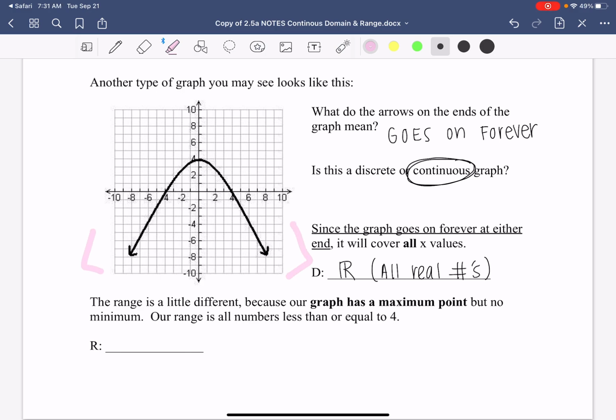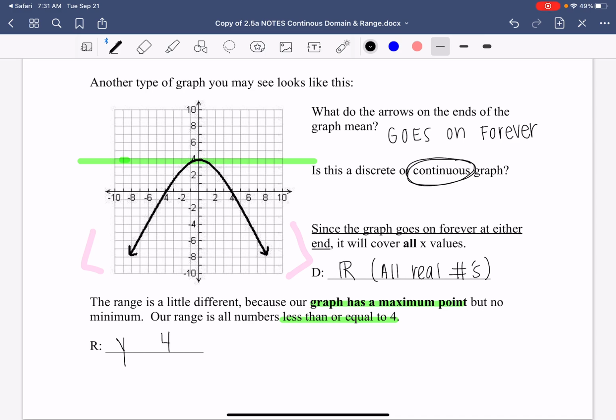So I'm just drawing arrows. The range is a little different. Because our graph has a maximum point but no minimum, our range is all numbers less than or equal to 4. So notice how the graph does have a maximum point and it's at 4. Because range is y, we need to determine which way our inequality goes.